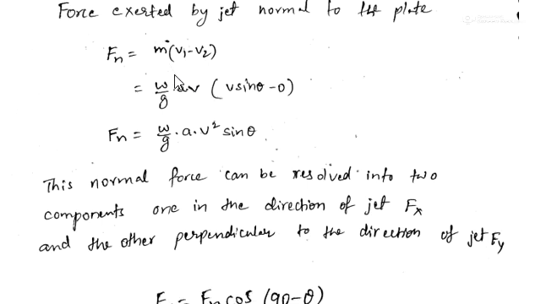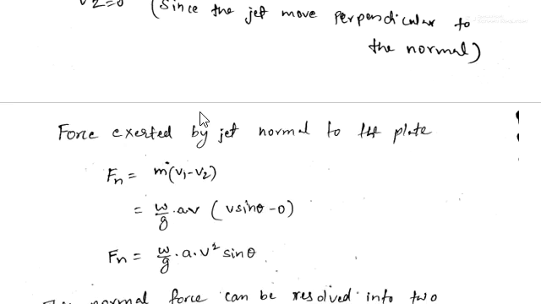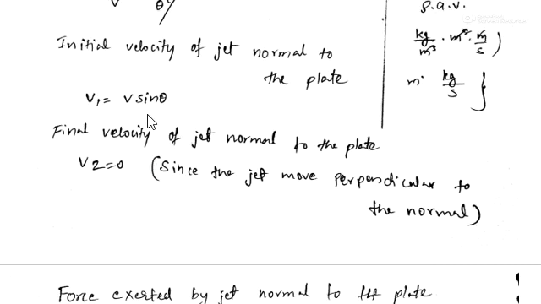Here we have seen m dot can be written as w by g into A into V, and V1 is the initial velocity of the jet normal to the plate, which is V sine theta, and V2 is the final velocity of the jet normal to the plate, which we have seen is 0.